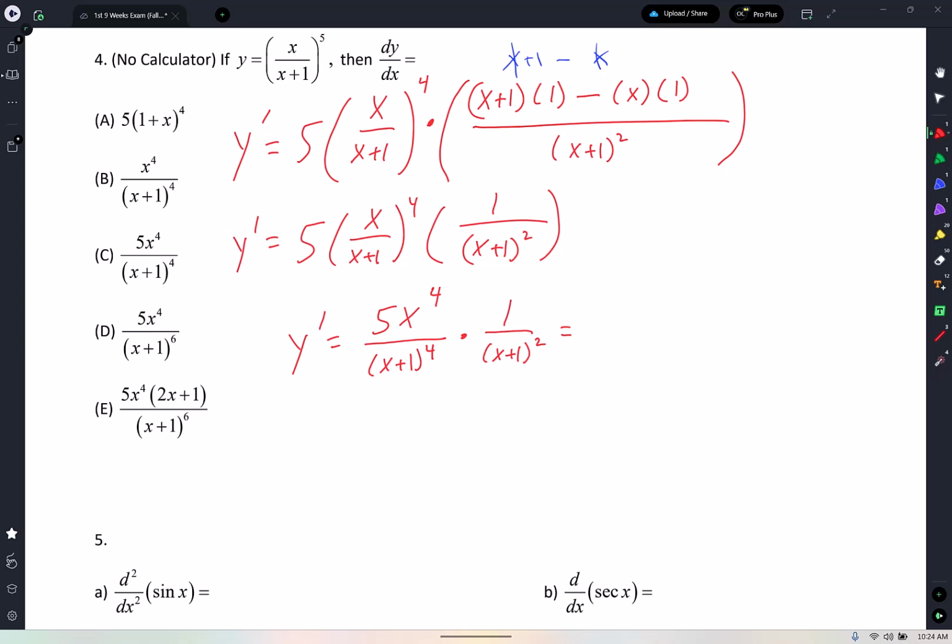In the numerator I'm multiplying: 5x to the 4th, and in the denominator x plus 1 to the 4th times x plus 1 squared. That's going to be x plus 1 to what power?